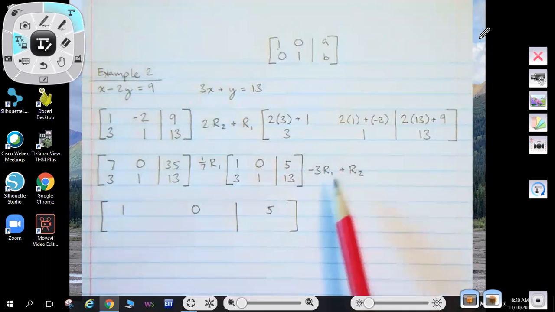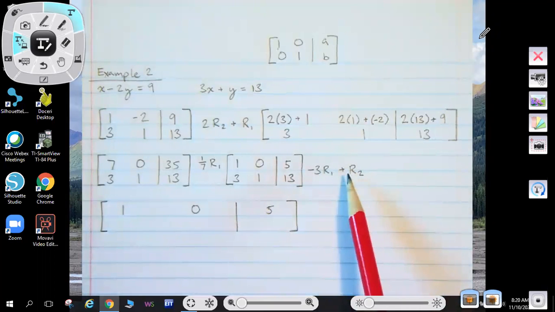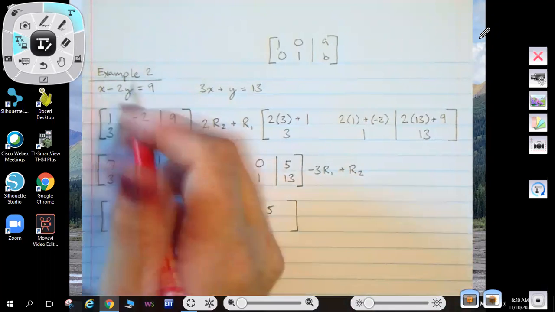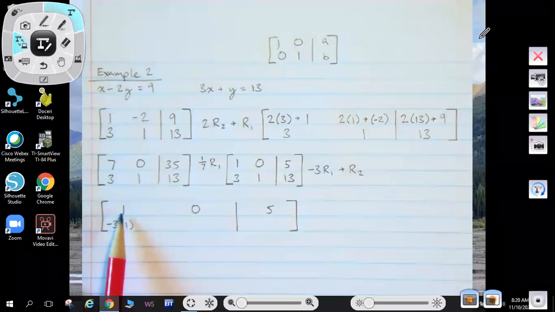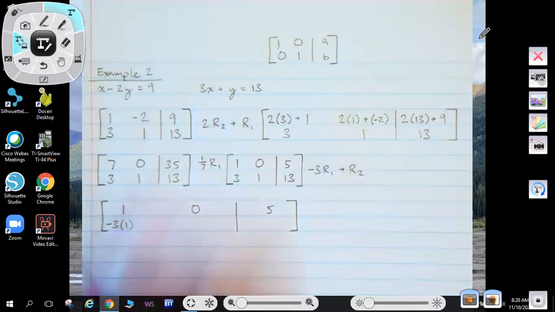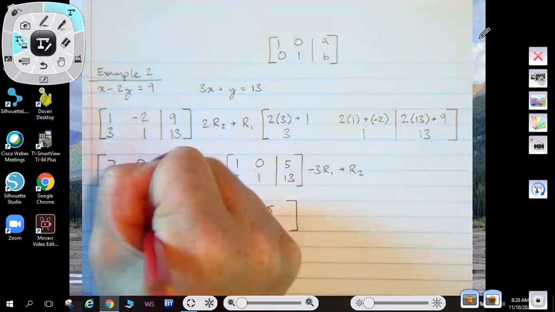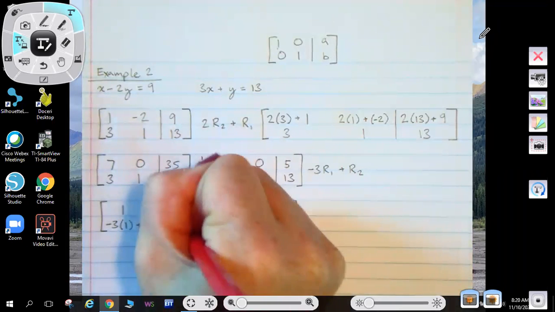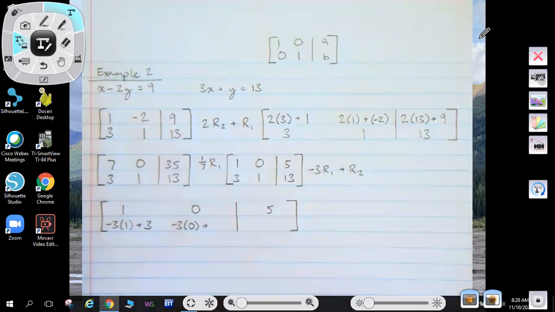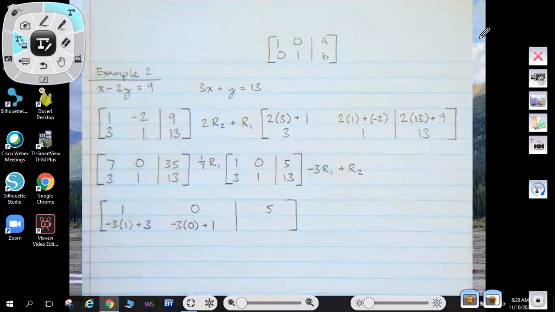Then we use this formula to help us change the second row. So -3 times row 1, which in the first spot is 1, plus row 2, which was 3. In the second spot, -3 times row 1, which is 0, plus row 2, which was 1.